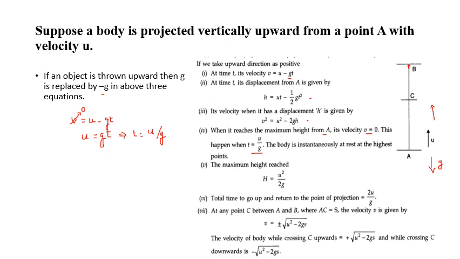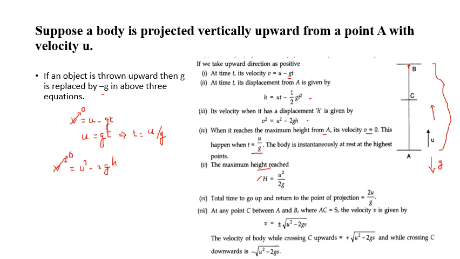Then look at the fifth point, the maximum height reached. What is the maximum height reached by the body? How do we calculate this h value? Look at the third equation: v squared equal to u squared minus 2gh. For a small time, the final velocity will be 0.